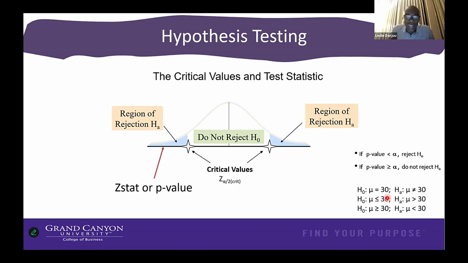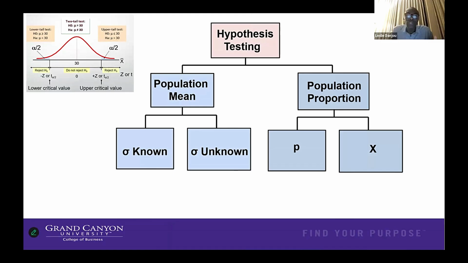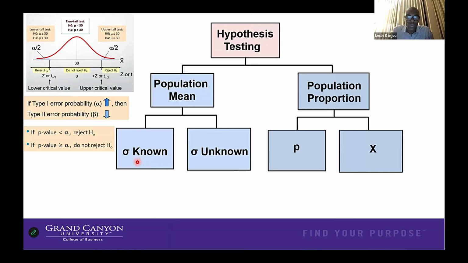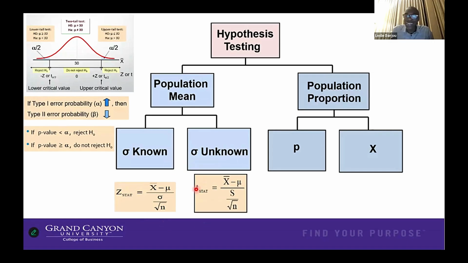All right, I know I've said a lot, but let's keep this moving. We're going to be showing you some different calculations. If you know your population standard deviation, we're going to show you how to use this formula right here. This formula tells where on that number line your dot will fall. If you don't know your population standard deviation, we're going to be using a t-stat.